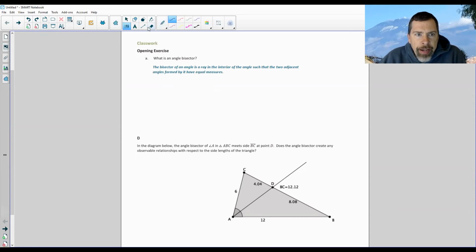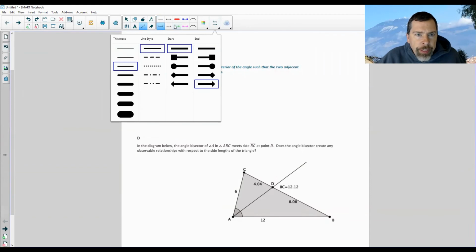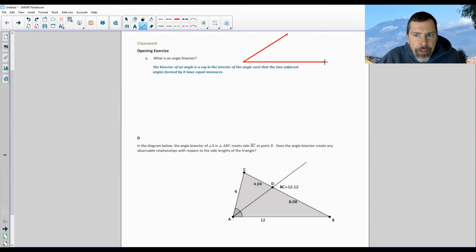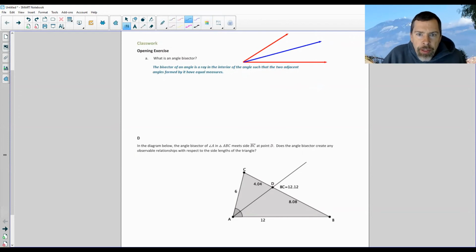So if I have a ray going like that, and then another ray going this way, then the bisector would be another ray that would go in between, just like that, so that this angle here would be equal to this angle here.